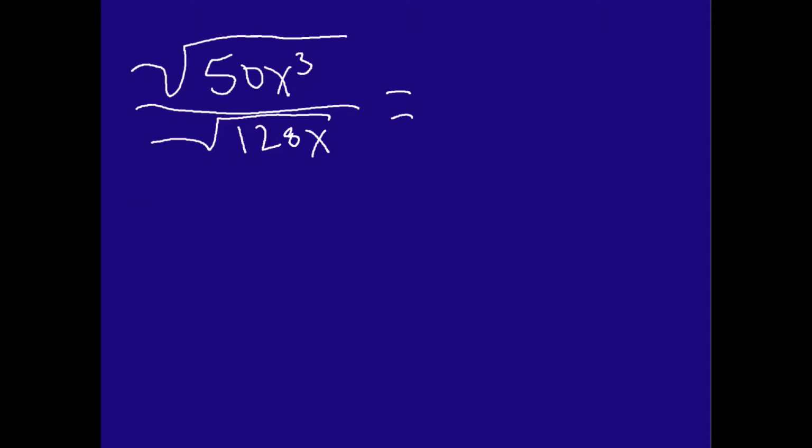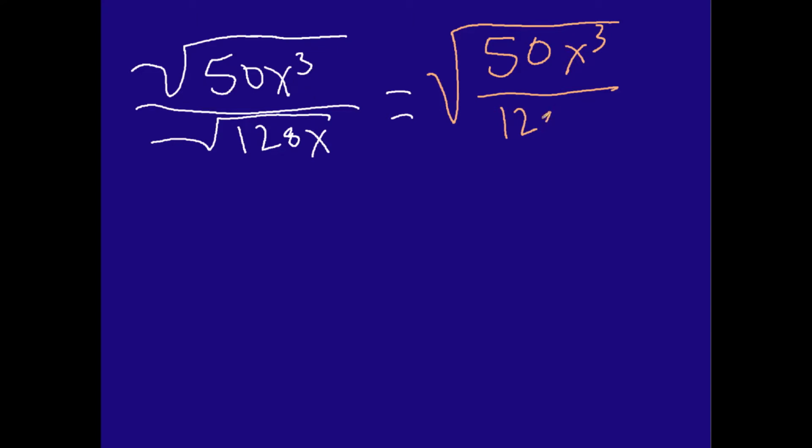We already know that we can change this using the quotient property as follows. You just put one big giant radical, and inside that you have 50x to the third power over 128x.